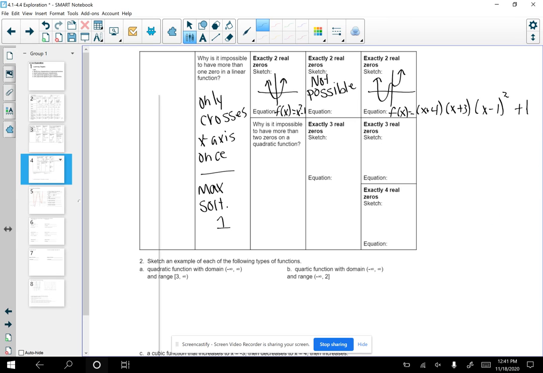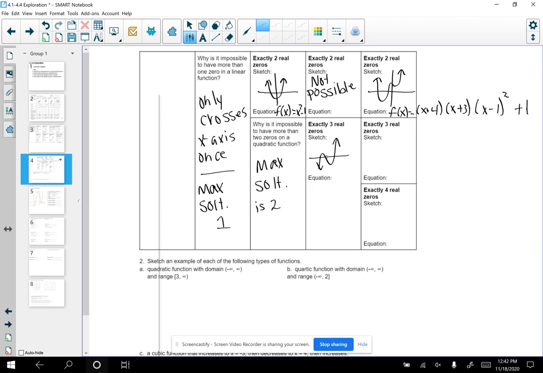Okay, now why is it impossible to have more than 2 zeros on a quadratic function? Because the max number of solutions we said earlier is 2. Exactly 3 real zeros on a cubic. We know a cubic could look something like that.